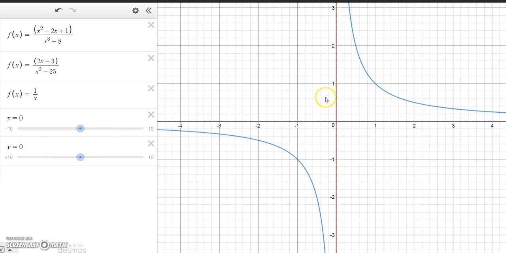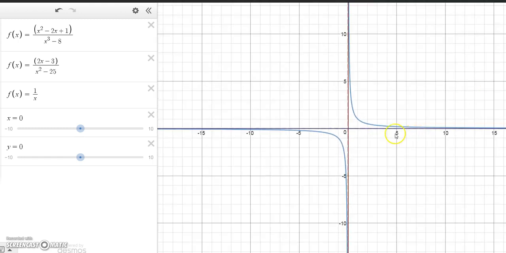As you get close to x equals 0 from the left, the graph continues to decrease, and as you get close from the right, the graph continues to increase. If I back out a little bit, you can probably see it a little better, that you get a vertical asymptote there at x equals 0.